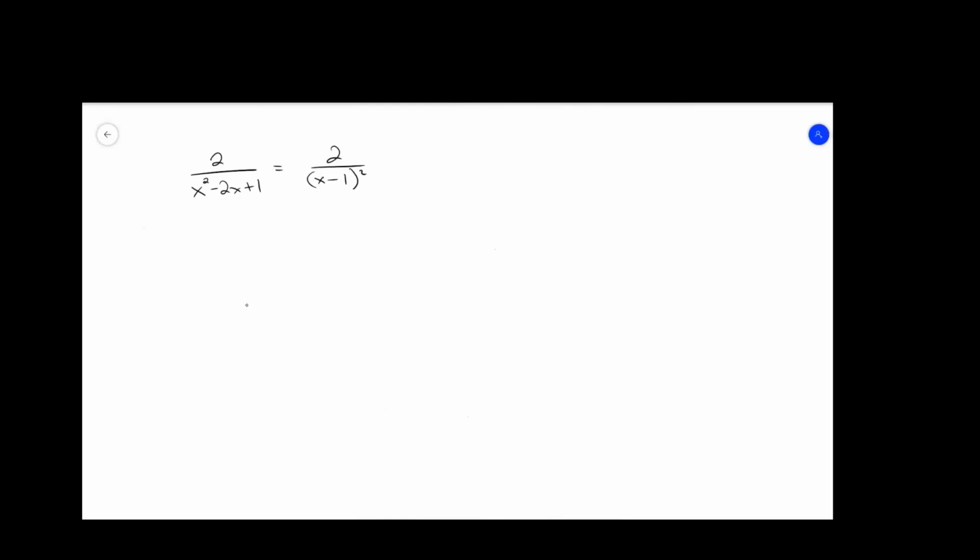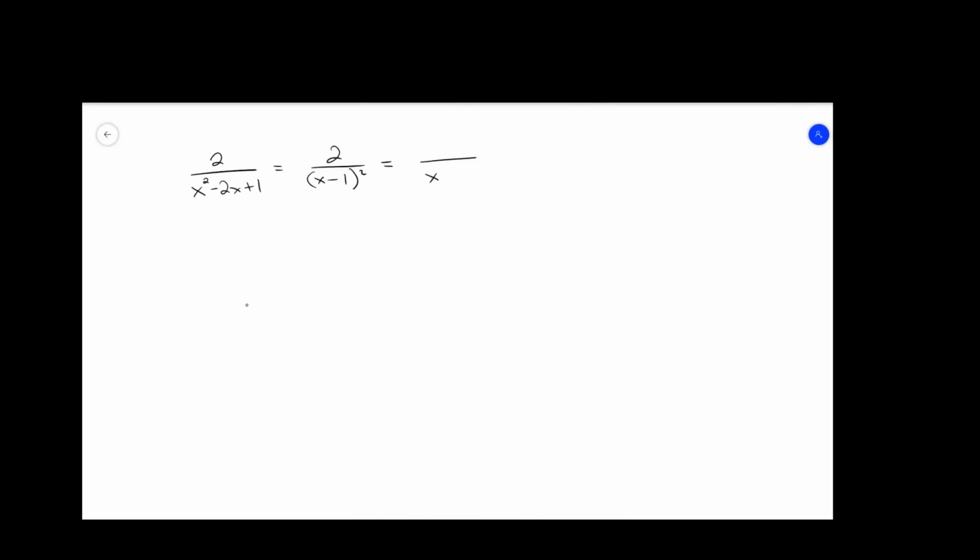And if you look at what to do in that case, it says, step 3, for each factor of the form px plus q to the power of m, the partial fraction decomposition must include the following sum of m fractions. So notice that if we have an m power on the denominator, that means we're going to have that many terms on the right side. So I have a second power on the denominator. That means I'm going to have 2 terms on the other side.